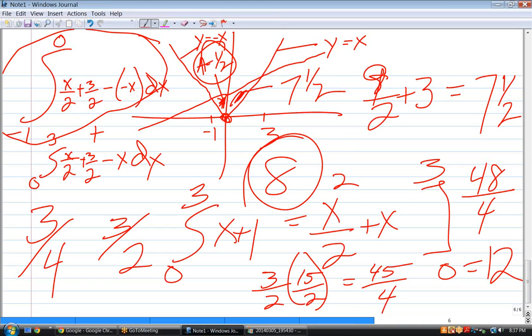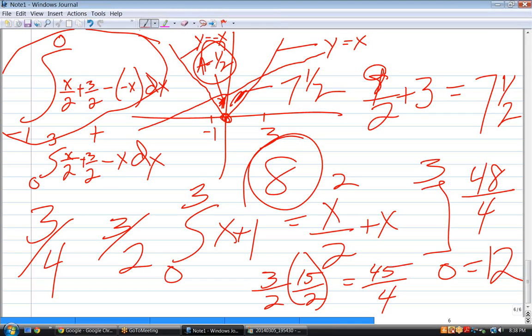It was long. We decided that this was plus. Oh, hold on. Here's where I made my mistake. When I integrate this, I get plus x, so I have 3 halves x. But when I integrate this one, I get minus x.